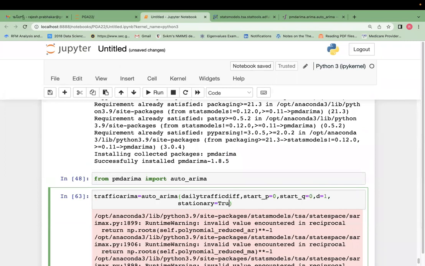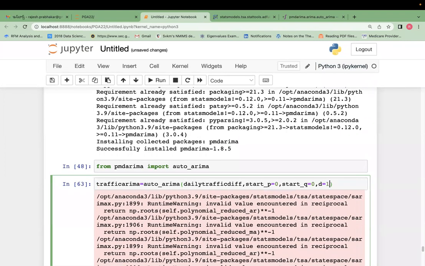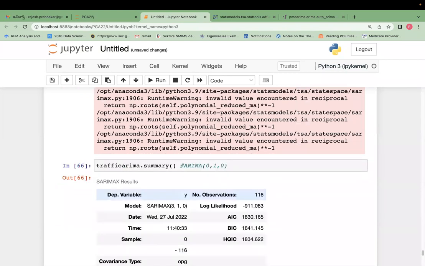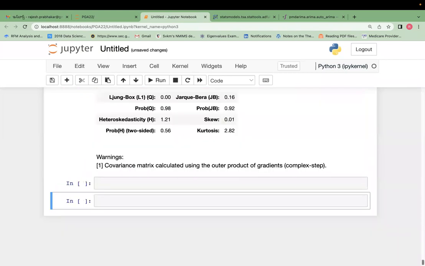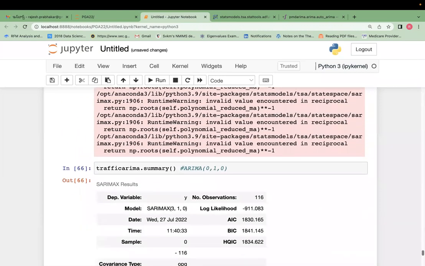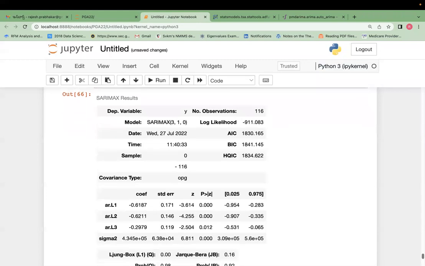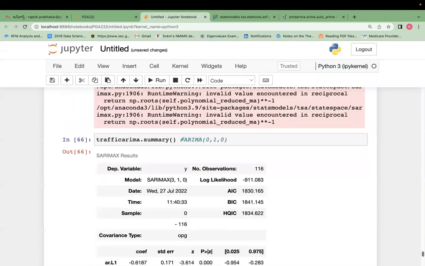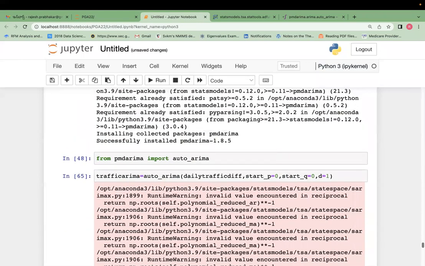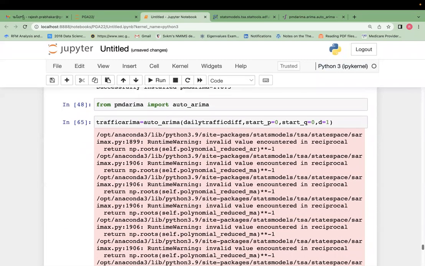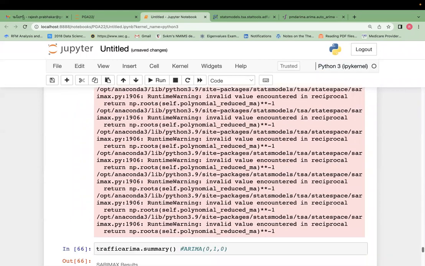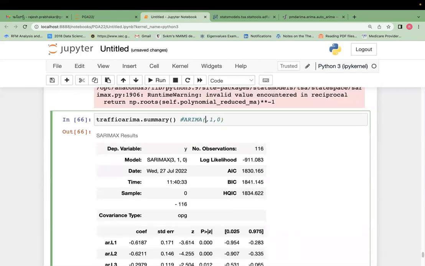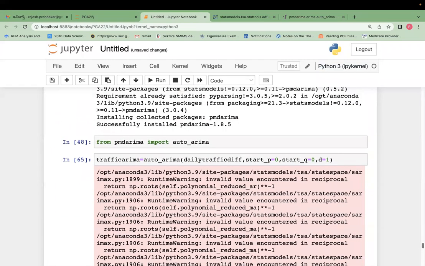So I will give stationary is equal to False. Then we are getting a model, ARIMA 3, 1, 0 is the model. So give these arguments.